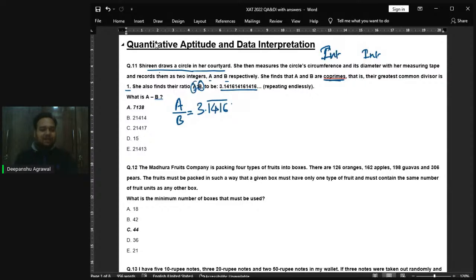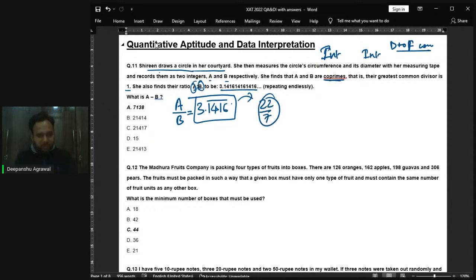Now, this question looks like geometry, but it's actually a decimal to fraction conversion, or fraction to decimal conversion. So this question belongs to this category. We actually have to convert this to a fraction, and you should not assume this decimal as 22 by 7, which is the approximate value of pi.